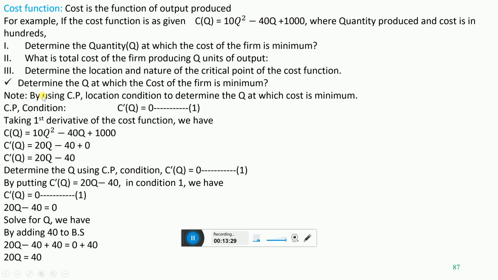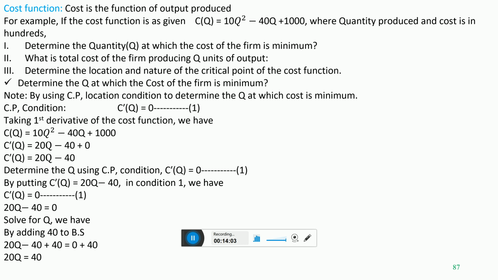So note, we use the critical point location condition to determine the Q at which cost is minimum. We studied in the optimization methodologies the condition for the location of the minimum or maximum point of the function. So the critical point location condition is this: C prime of Q must be equal to 0.